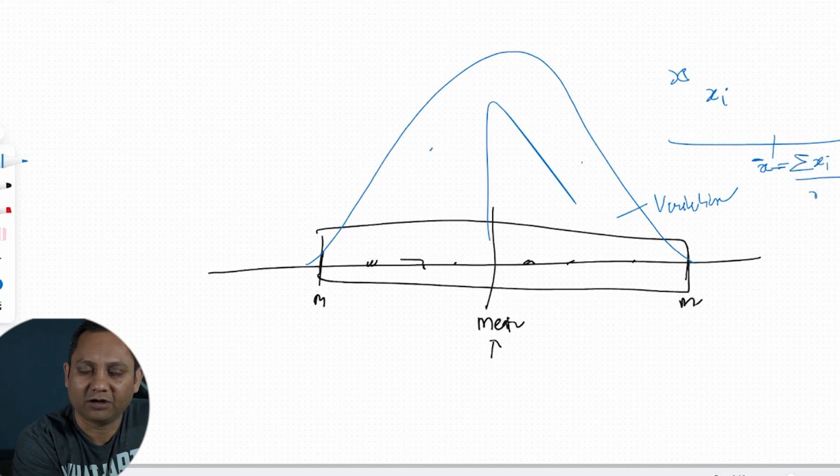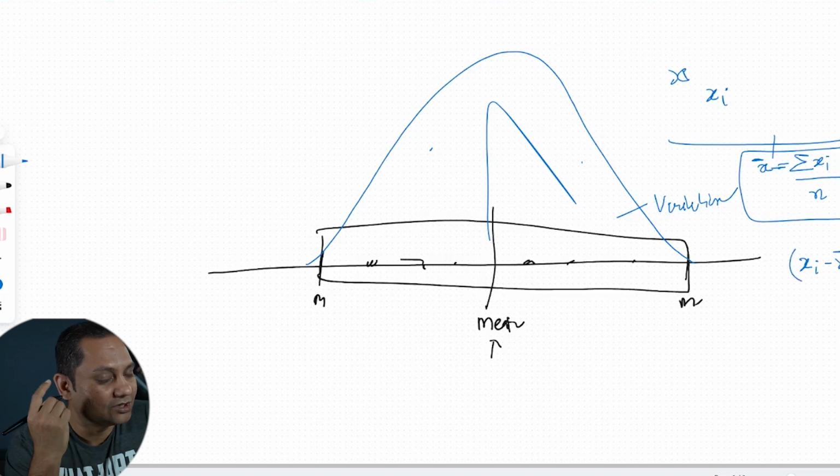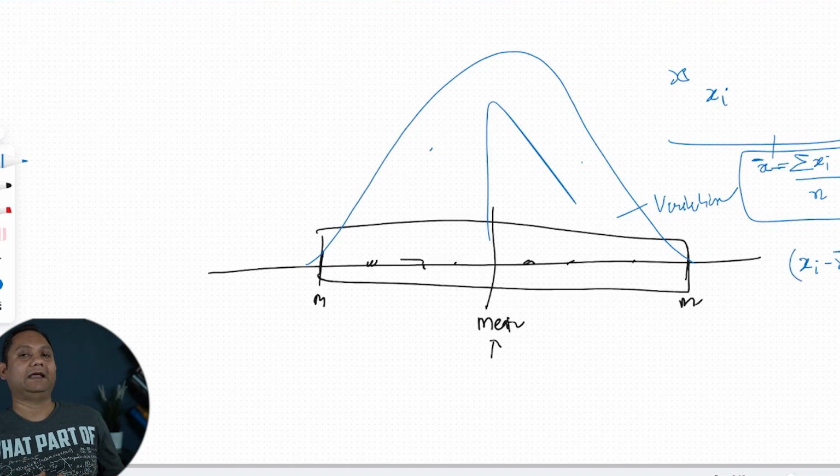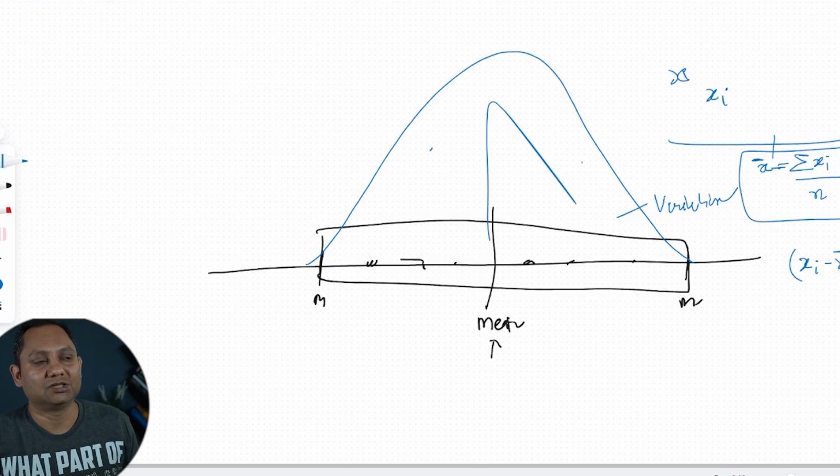Now once you have your x bar, I want to understand how every xi is different from my mean. And if I add all of their differences from the mean, okay, this is an interesting question. Think about it. If I add the distance of all the points from the mean, what would the number be? It would be 0.